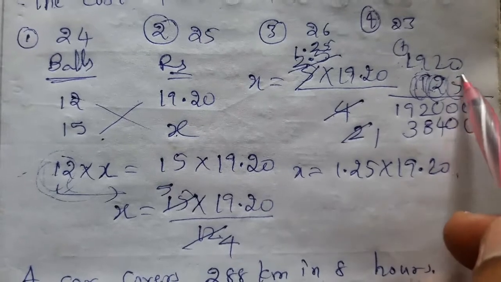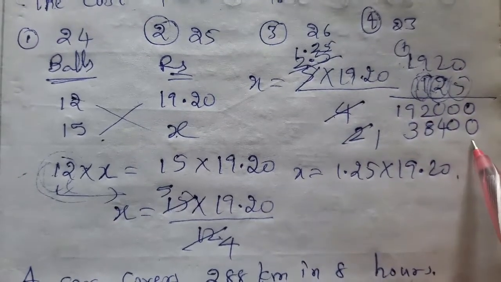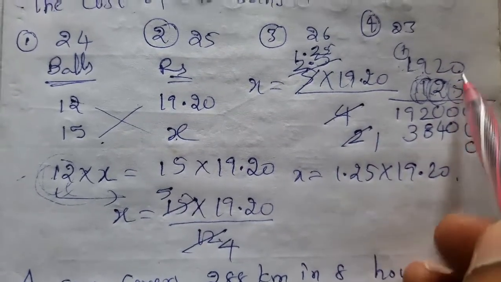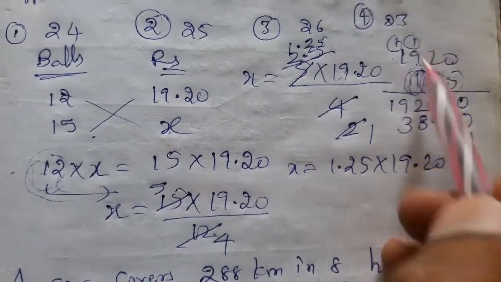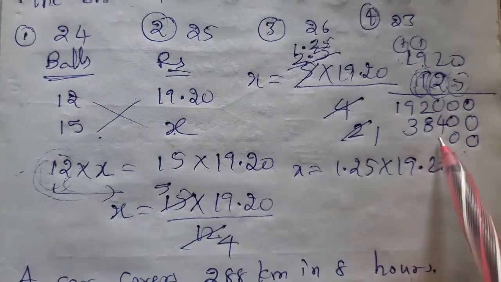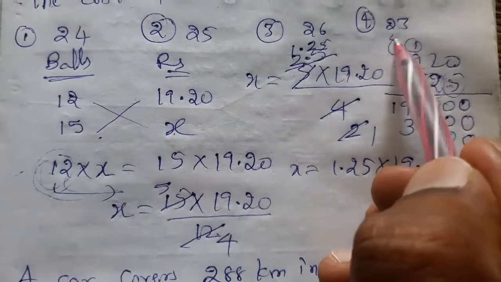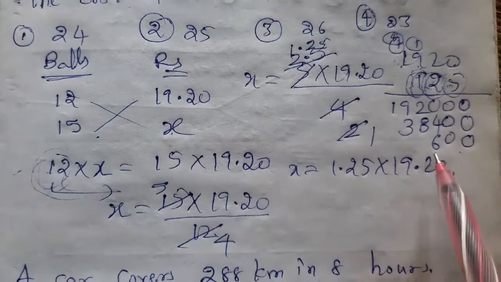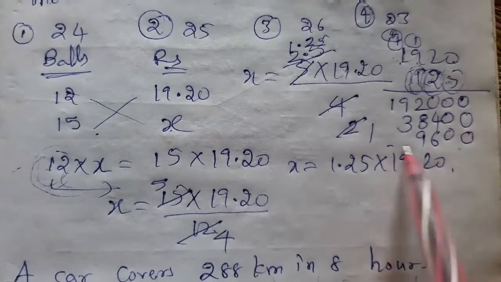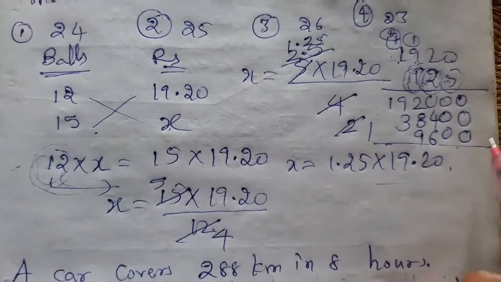Now I am multiplying with the ones place digit, no need to put zeros. So write here 0, 5 into 0 is 0, 5 2s are 10, once again 0 and 1 is carry, 5 9s are 45, 45 plus 1 means 46, write 6 and 4 is carry, 5 1s are 5, 5 plus 4 means 9. Now add all this, we get the answer.